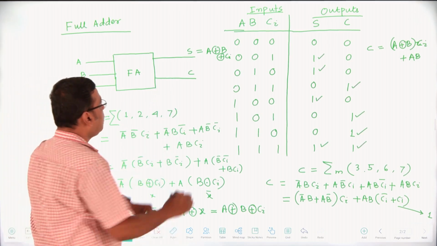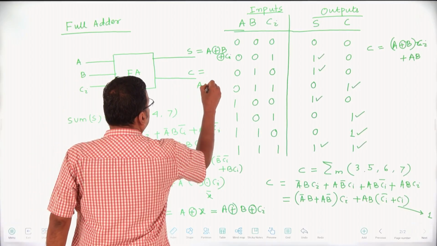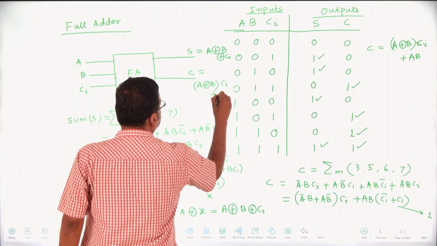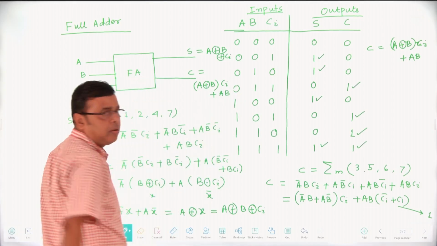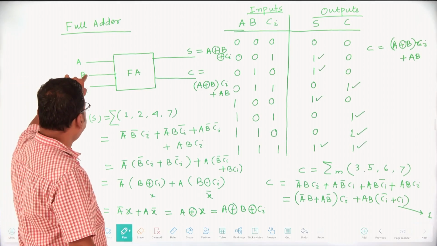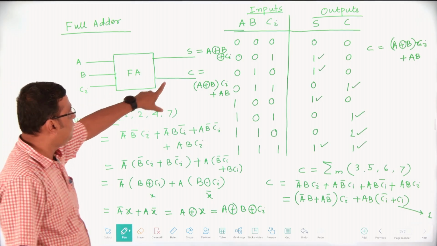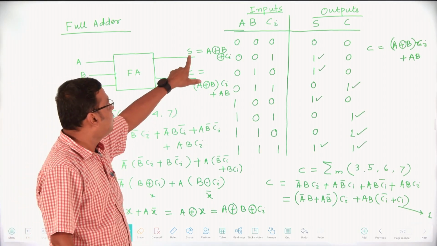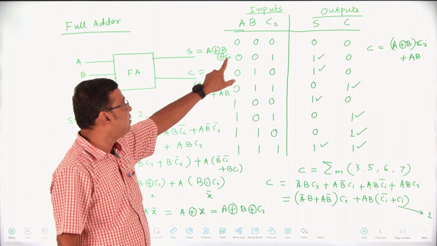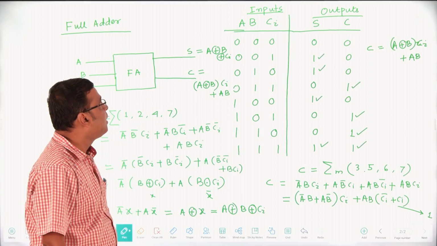So carry C equal to A XOR B whole into Ci plus AB. So this is the expression for the carry. In case of full adder, there are two outputs, one is sum, another one is carry. The expression for the sum equal to A XOR B XOR Ci, and carry, C equal to A XOR B into Ci plus AB.